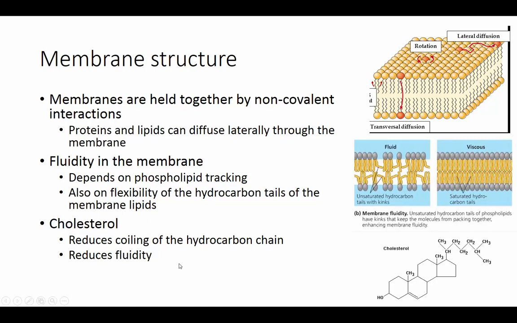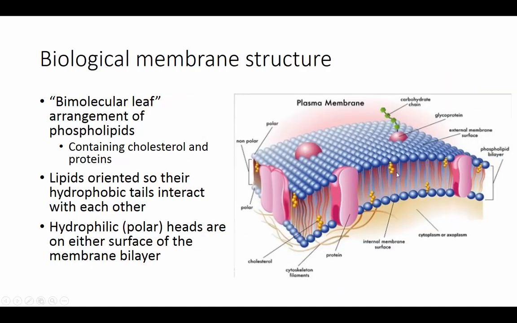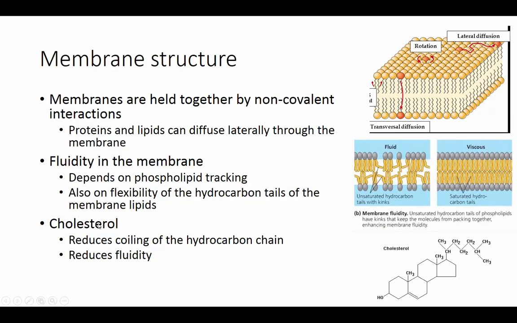And cholesterol, here's a drawing of the structure of cholesterol right here, is this ringed, very hydrophobic structure that can get packed in, and we see this in this diagram, cholesterol packed in between the phospholipids, and that can reduce the coiling of hydrocarbon chains in the lipids.